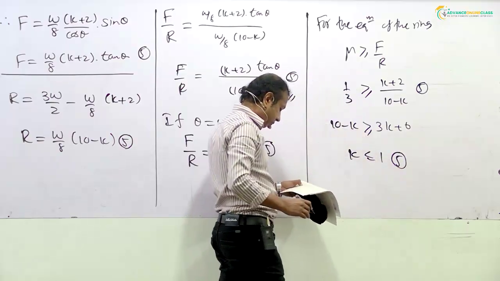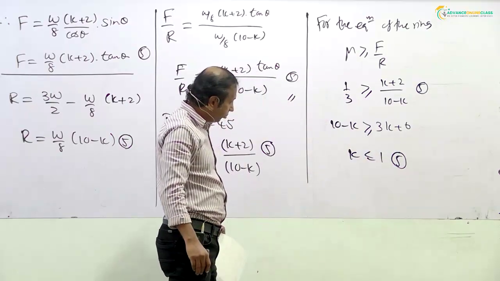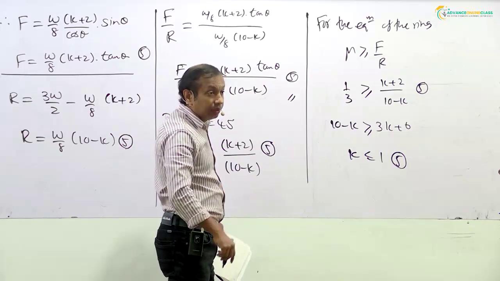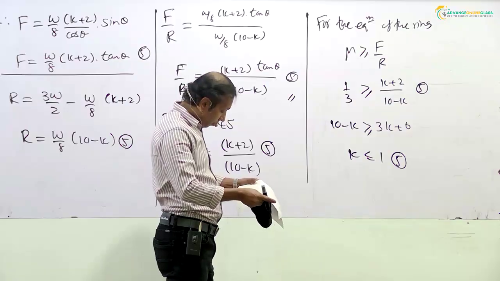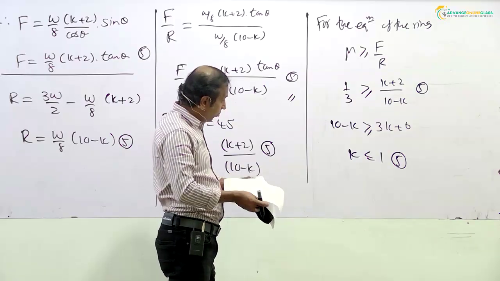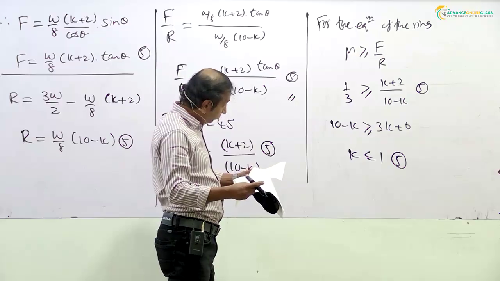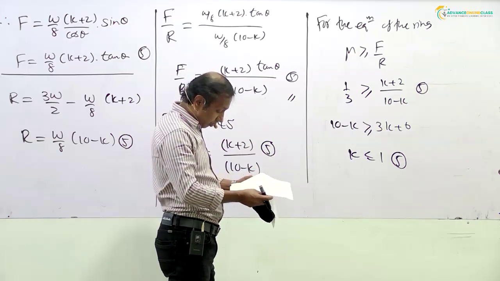Okay. K less than or equal to 1. Right. But we are given in the question K greater than 0, no? We get K less than or equal to 1.